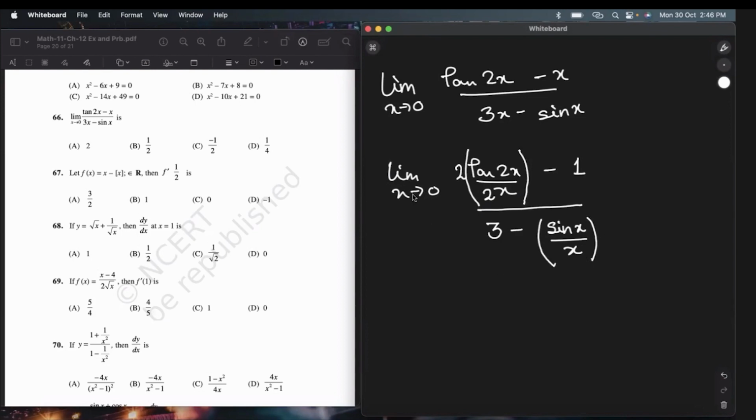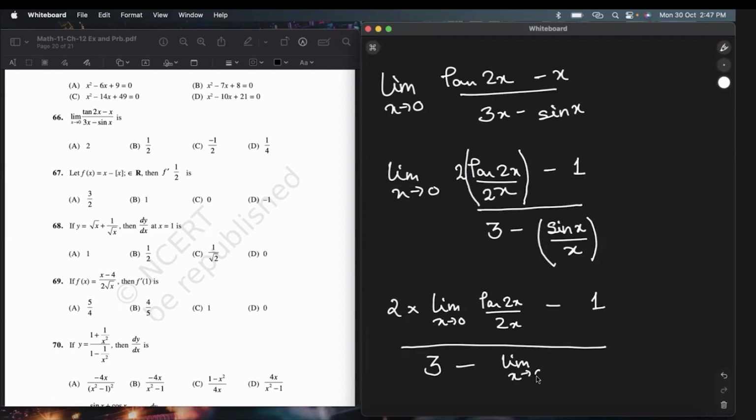If I distribute the limit as x tends to 0, I get 2 times the limit of tan 2x divided by 2x, minus 1, whole divided by 3 minus the limit as x tends to 0 of sin x upon x.